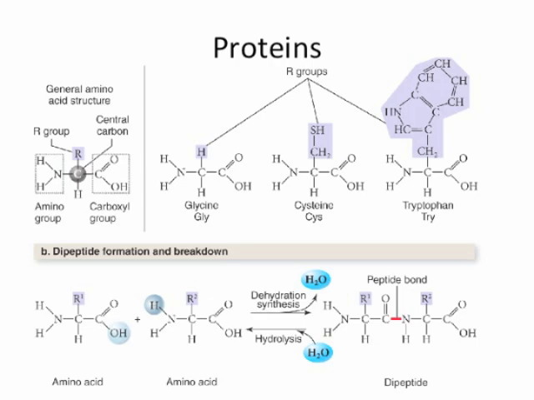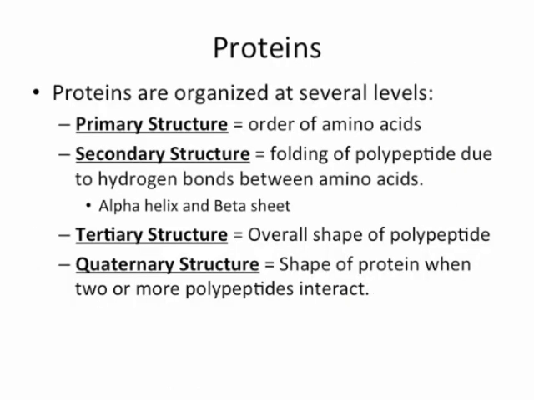What's the bond between partial charges? Hydrogen bond, right? So this would be a hydrogen bond. Okay, so a hydrogen bond will form between polar side chains on polypeptides. This causes your proteins to fold.